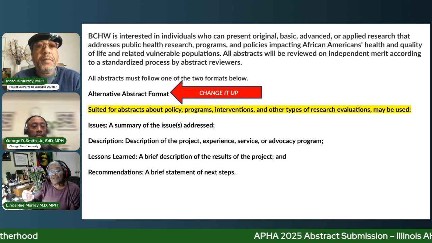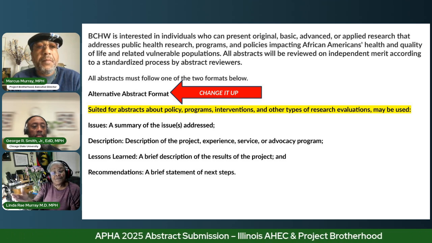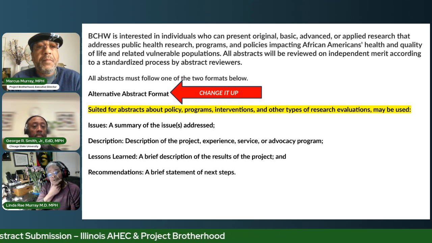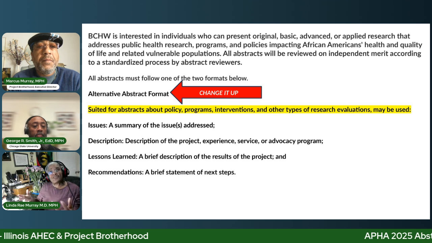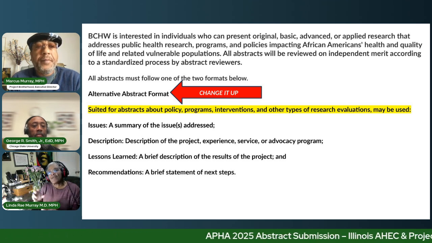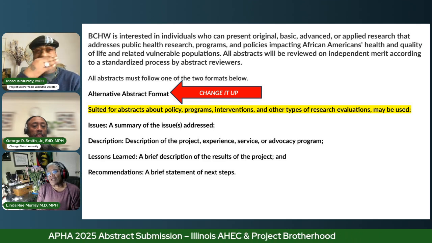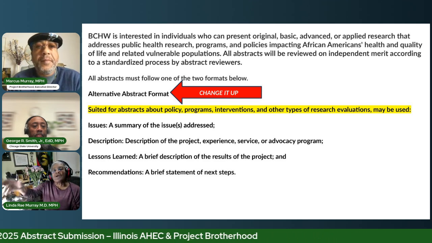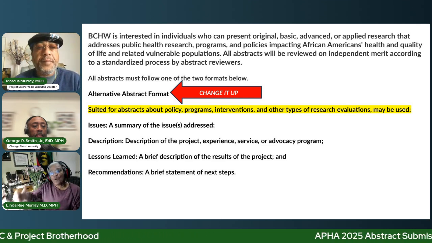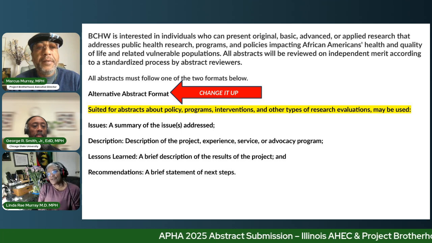Maybe you're trying to discuss the loss of the Dobbs decision, which doesn't allow women to get abortions and restricts reproductive health. So you may be having a discussion about what we can do about losing this basic right. This alternate format allows you to submit an abstract. But as it says, you have to state the issue and describe the thing clearly. You still only have 250 words, so you want to outline for the reviewers what that presentation is going to cover.